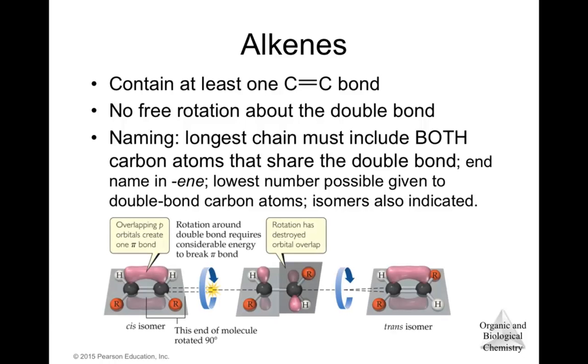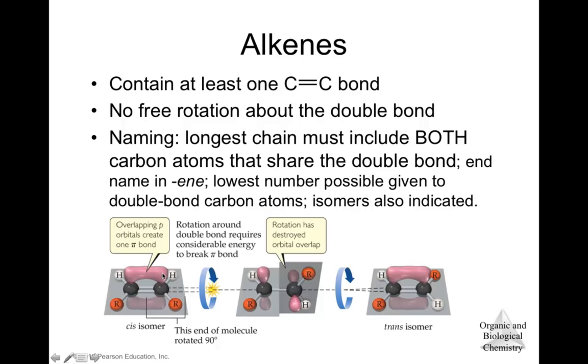Here we have a representation. In the middle, we have an alkane, with just single bonds. If we remove hydrogens, we can create 2 double bonds. In one, 2 hydrogens are on the same side.